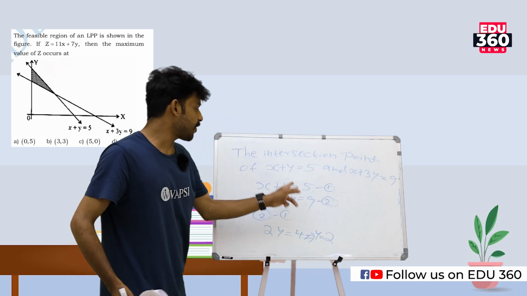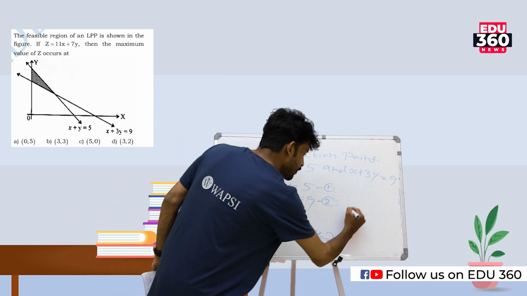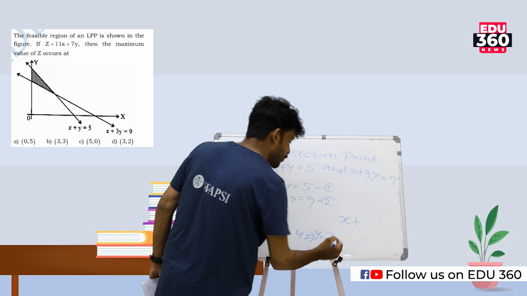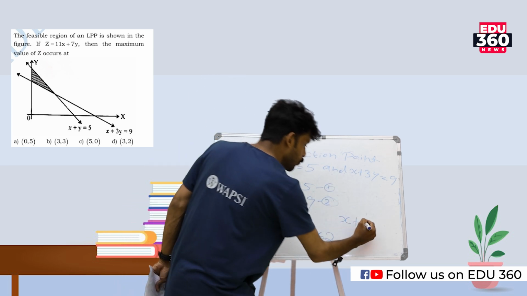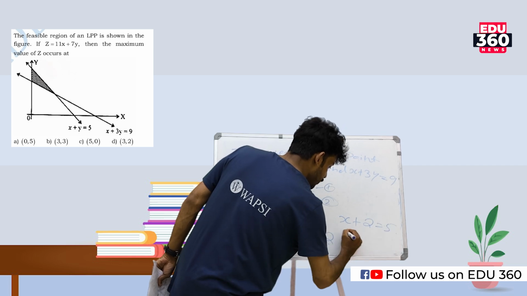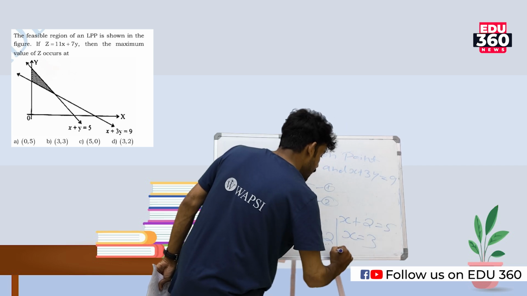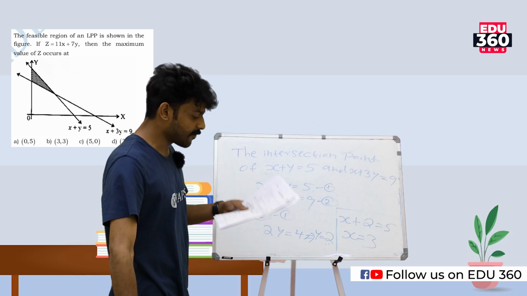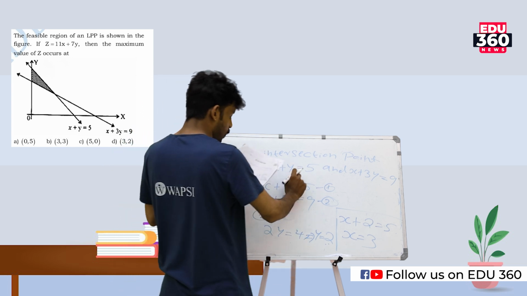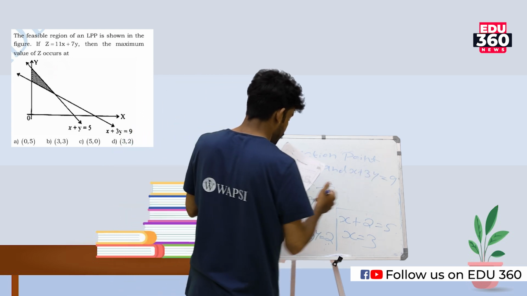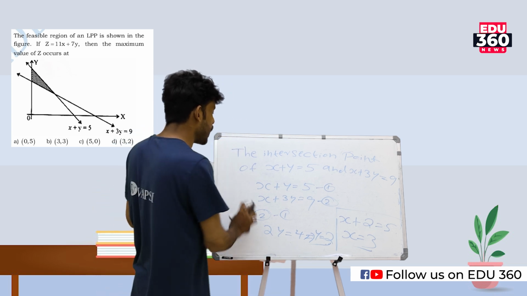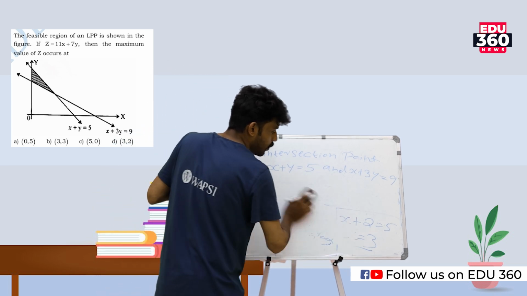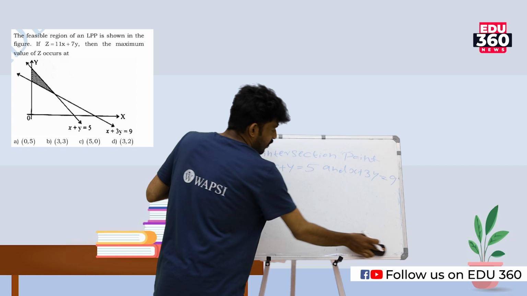Now substitute the value of y here. On substituting y is equal to 2 in equation 1, we get x plus 2 is equal to 5, so x is equal to 3. So the intersection point of x plus y is equal to 5 and x plus 3y is equal to 9 is 3, 2, because x is equal to 3 and y is equal to 2.